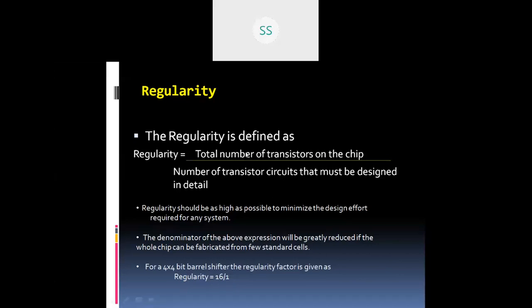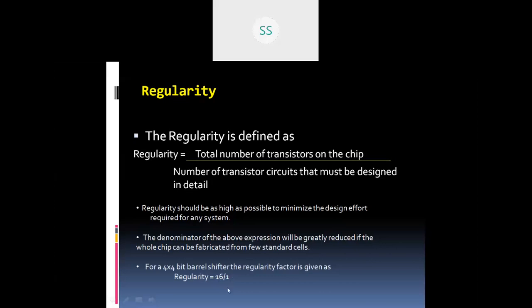So in the numerator, the total number of transistors on the chip, you can substitute 16 because there were 4 cross 4 lines. The number of transistor circuits that must be designed in detail is only 1, because one standard design is sufficient, as all transistors were identical in that 4x4 barrel shifter. So as this value is 1, the regularity is 16.